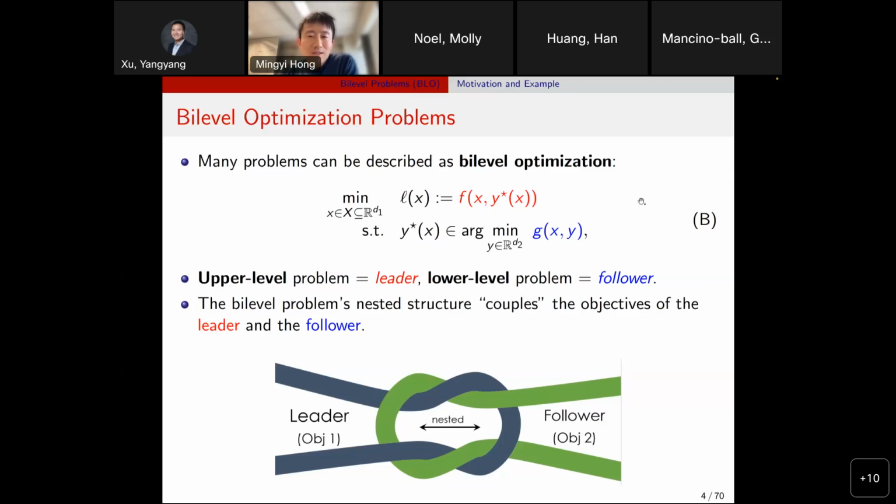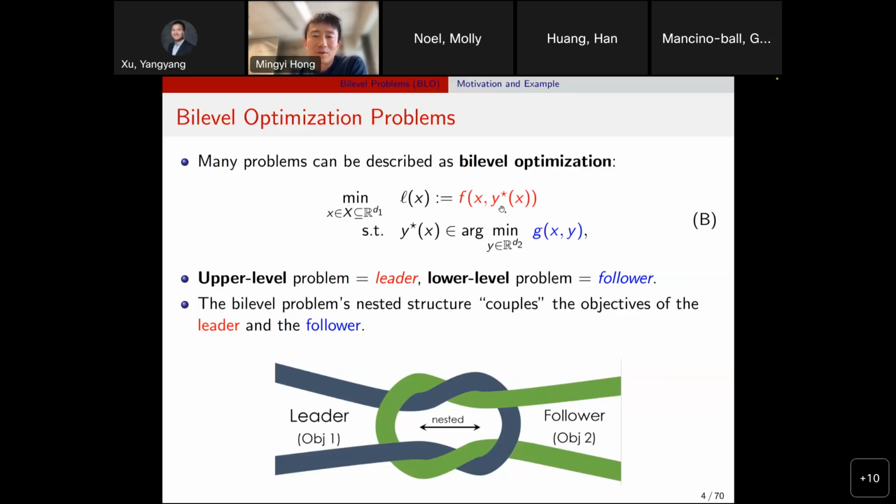So this kind of problem happens, for example, in game theory, where you have two players, leader and follower. The follower, which is the lower level, acts the best it can based on its current information. Whatever information you get from the other player, you just treat it as is and optimize based on the best you can.